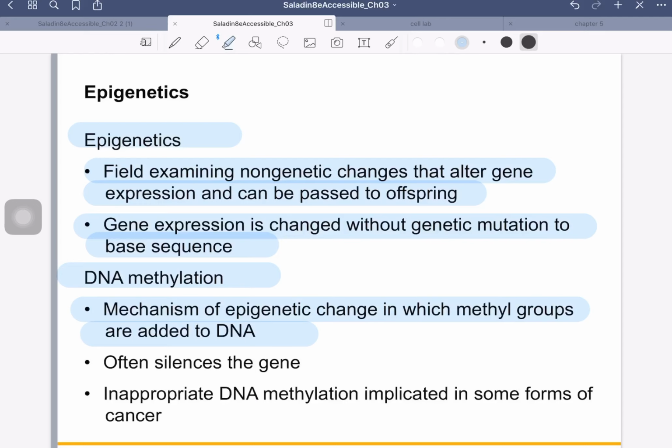They can be added or subtracted from the DNA, and that affects its expression. And often the methylation will silence genes, basically tell them not to be turned on or copied. And certainly, we now know that inappropriate DNA methylation has a role in some types of cancers.